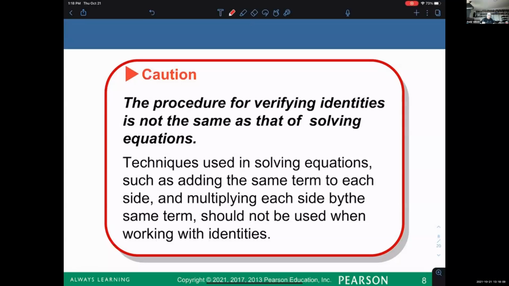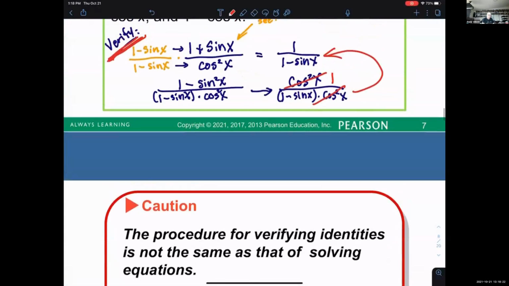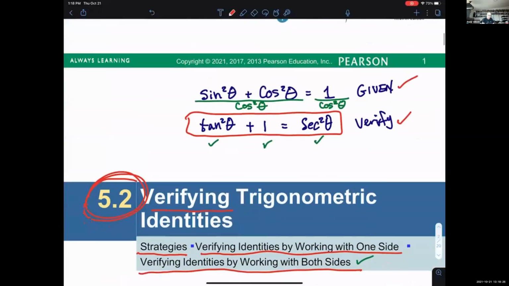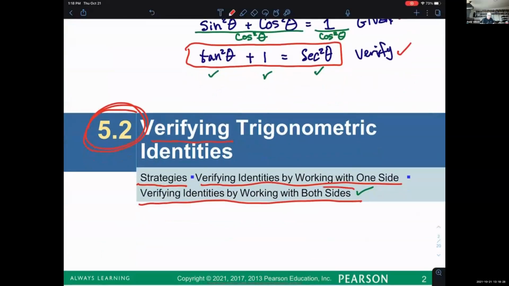Techniques used in solving equations, such as adding the same term to each side and multiplying each side by the same term, should not be used when working with identities. Well, that's not exactly always true, because as they set up here in the very beginning, sometimes you're working with both sides at the same time.